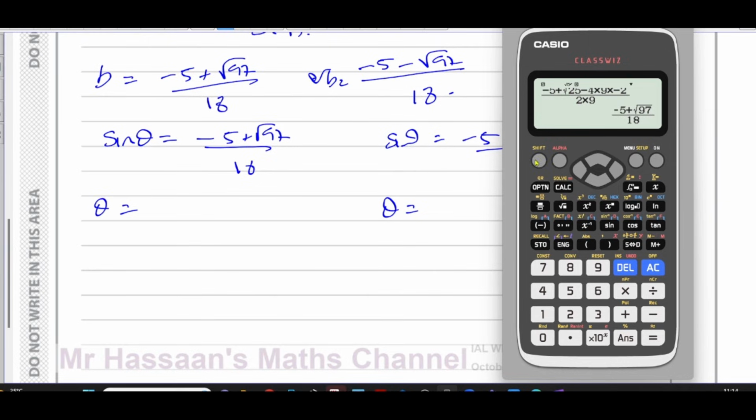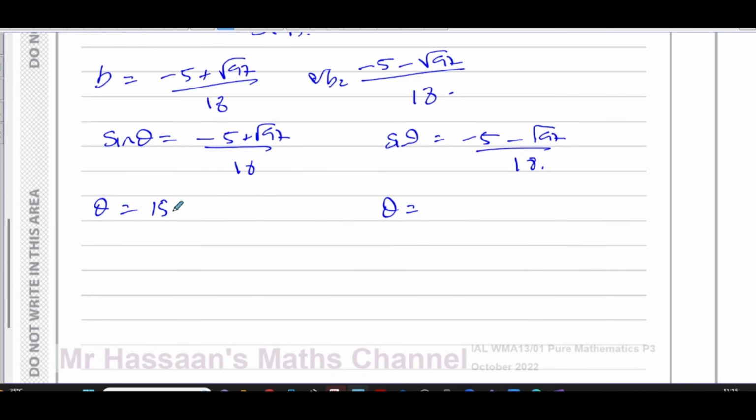So now I'll do inverse sine of that answer. One second, let me just bring up the answer again. Inverse sine of the answer gives us 15.627.